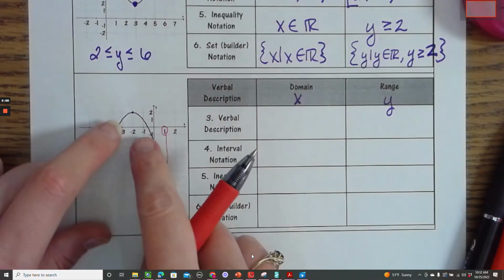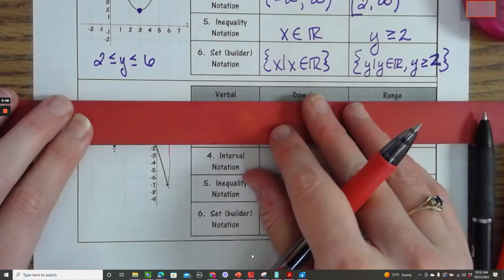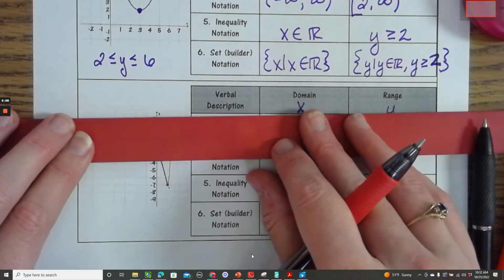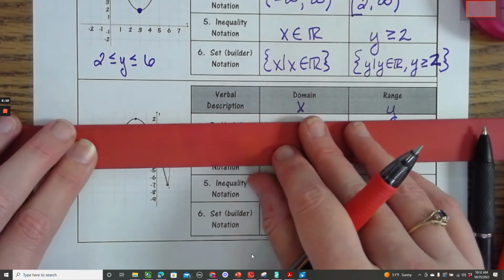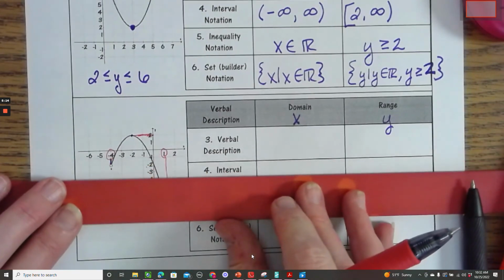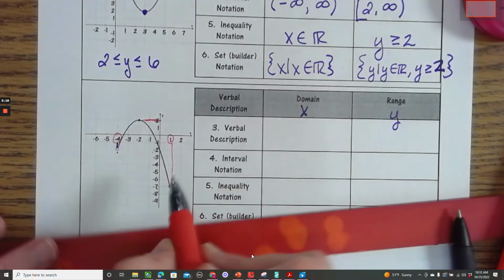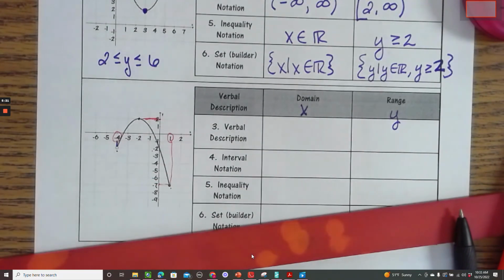And then to help them on these quadratics, you can take a ruler and go vertically. And as soon as you see the first space, then you know, okay, that's my highest number. And then you keep going until the graph ends. And then that's my lowest number.